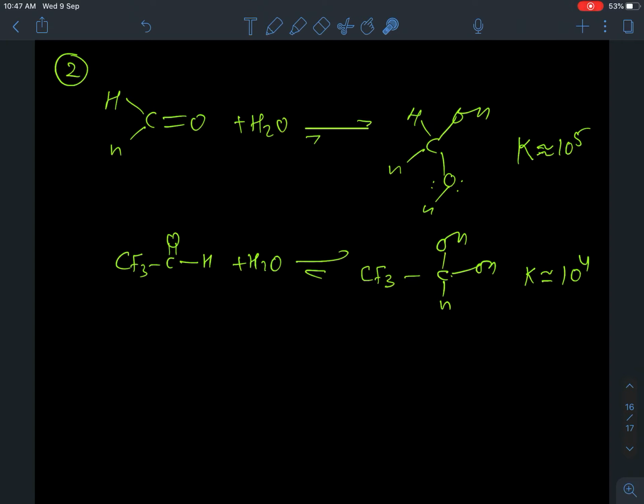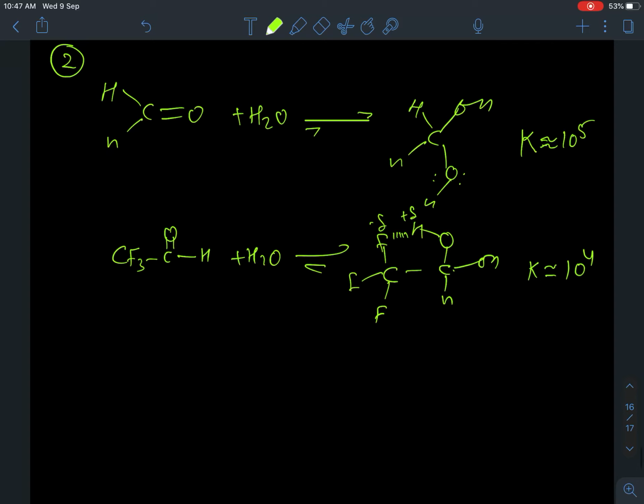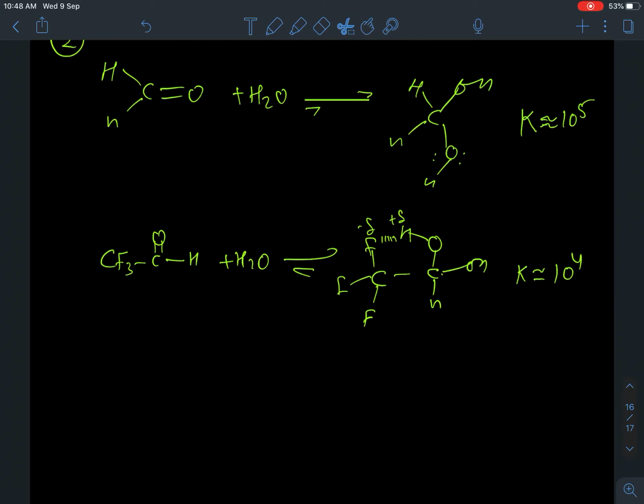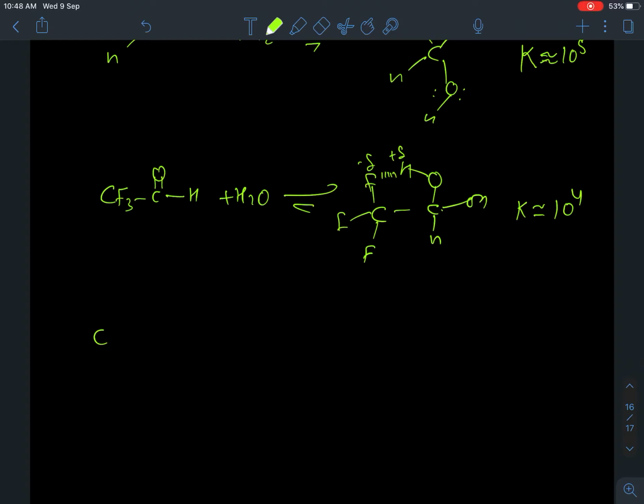The answer is no. Apart from minus I, one greater stabilizing factor which you probably might miss is the formation of hydrogen bond, intramolecular hydrogen bond. So the trifluoro derivative has this equilibrium constant. Like that, even CCl3 also has the same thing. Now I will simply write the equilibrium constant for even this.